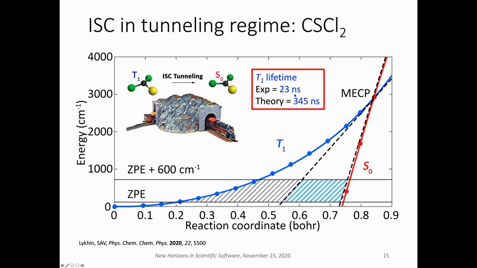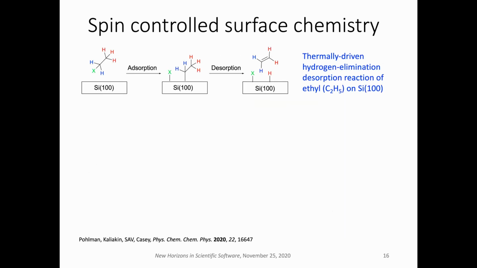What we got from theory is about 1 order of magnitude slower transition than the experimental one, so this is the lifetime of this triplet excited state. One order of magnitude is actually not bad for kinetics. We think the main reason is that we don't consider the multi-configuration character of tunneling. It's still a one-dimensional model, which is the nature of present statistical theory.